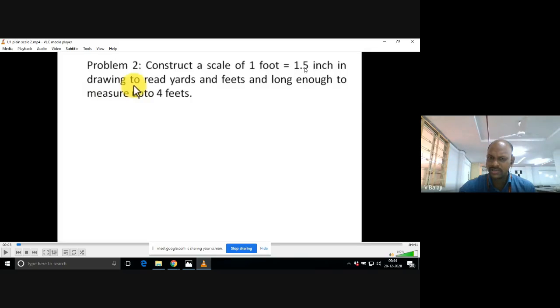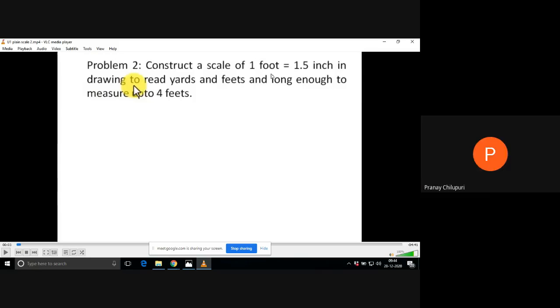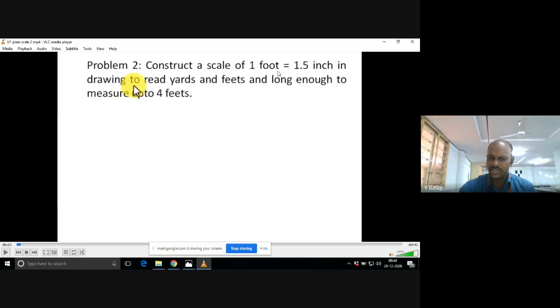Actually speaking, 1 foot equal to how many inches? 12 inches. So I am assuming that 12 inches is equal to only 1.5 inch. That means again some reduction is there. That is the meaning of 1 foot equal to 1.5 inch.